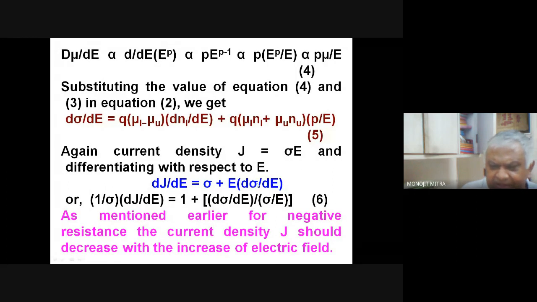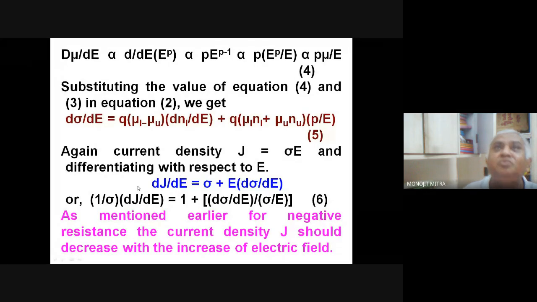Now, as we have mentioned earlier, for negative resistance the current density or current should decrease with the increase of voltage or electric field. So our objective is to see whether dJ/dE is negative or not. dJ/dE negative means its value should be less than 0.